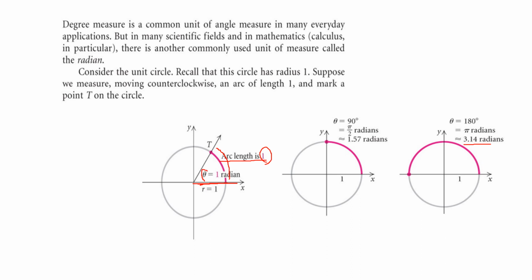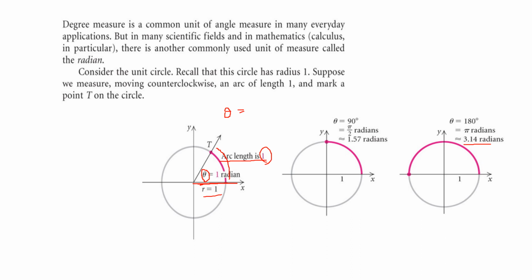Then theta is also 1. Normally theta is the arc length divided by the radius. So theta is 1 radian. This is 1 radian.